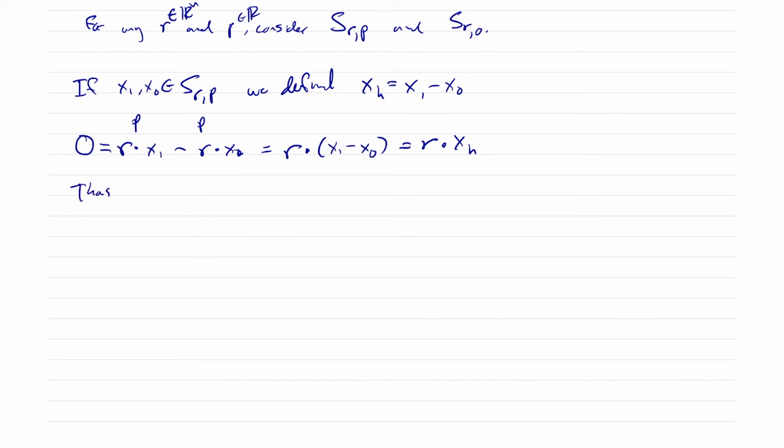Thus we have our homogeneous equation: xh is in S(r, 0). So you can think of it this way: if we fix r and let p range from negative infinity to infinity, then the collection S(r, p) is a collection of equivalence classes of Rn.